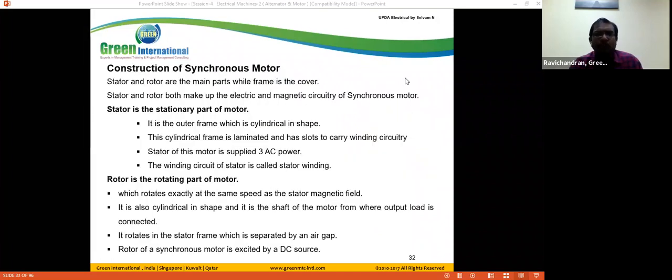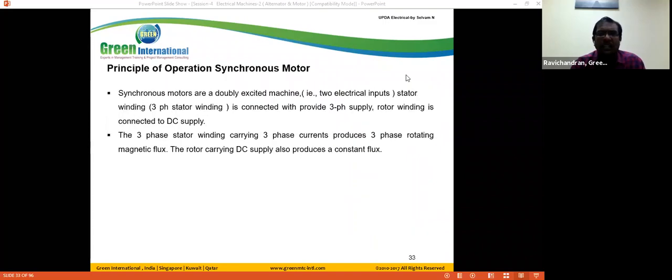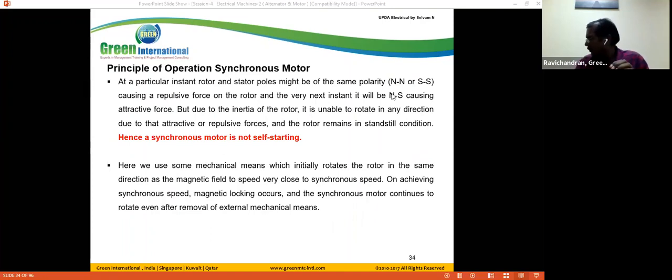So in a synchronous motor, we have a stator and we have a rotor. Imagine that it's a stator, so we have a rotating magnetic field.